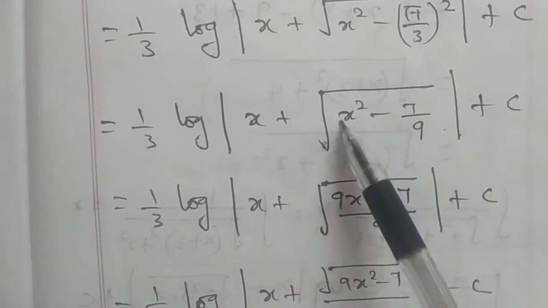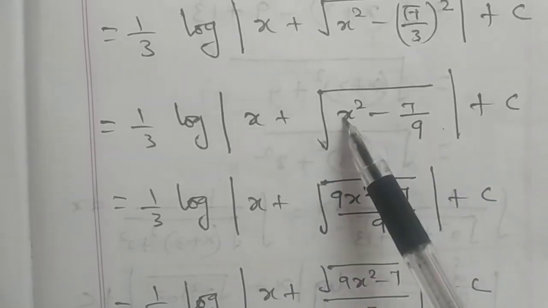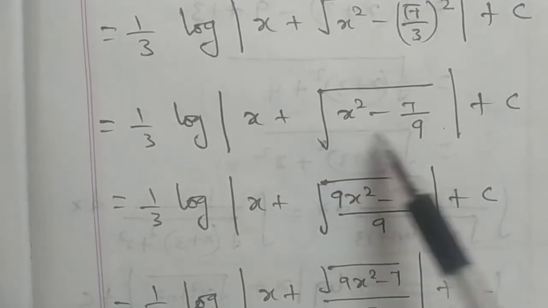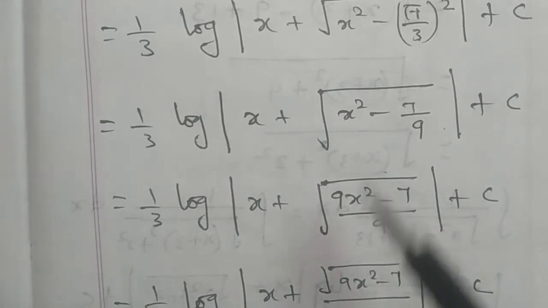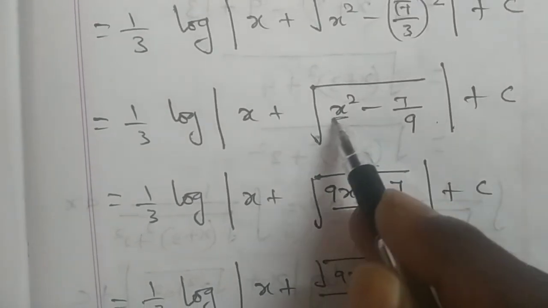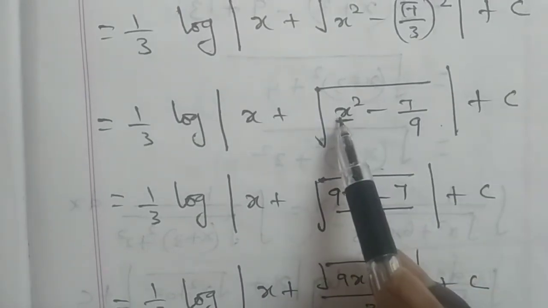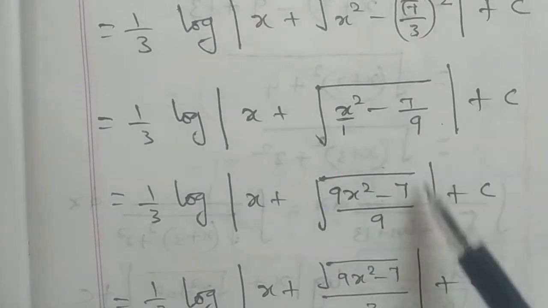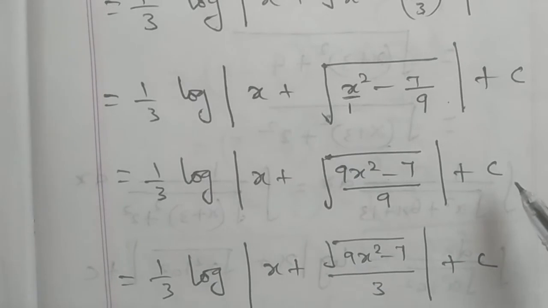Next, simplifying: 1 by 3 log modulus of x plus square root of, find the LCM. 9 into x square, 9x square, minus 7, divided by 1 into 9, which gives 9. Here what is the term? There is no term, so the denominator is 1. 1 into 9x square is 9x square, minus 1 into 7 is 7, and 1 into 9 is 9, plus c.